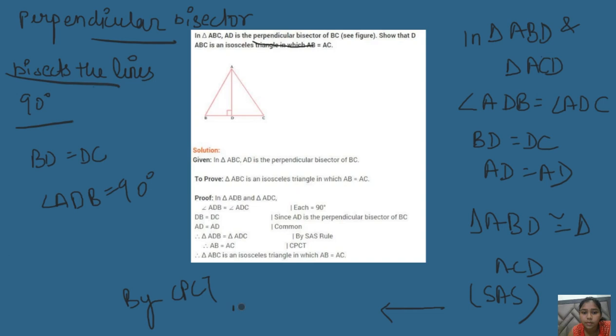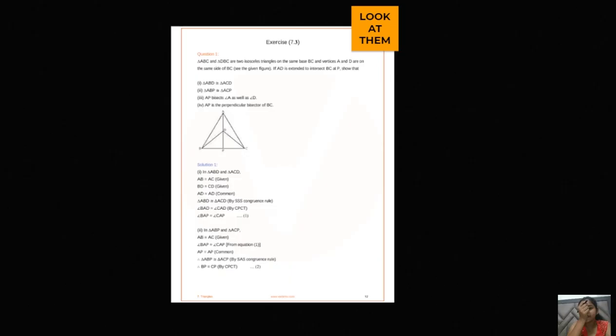Okay. Now our next question is from exercise 7.3. Triangle ABC and triangle DBC are two isosceles triangles on the same base BC.